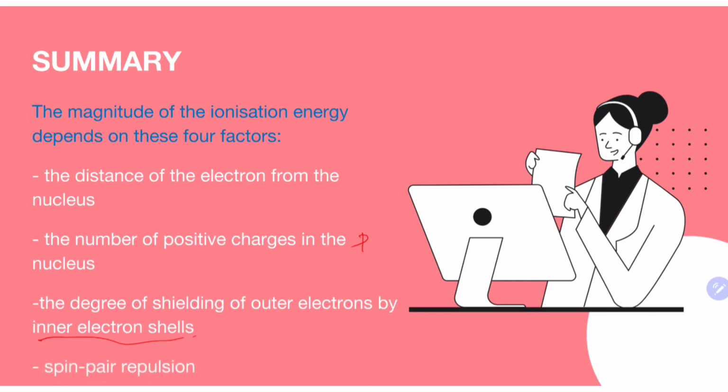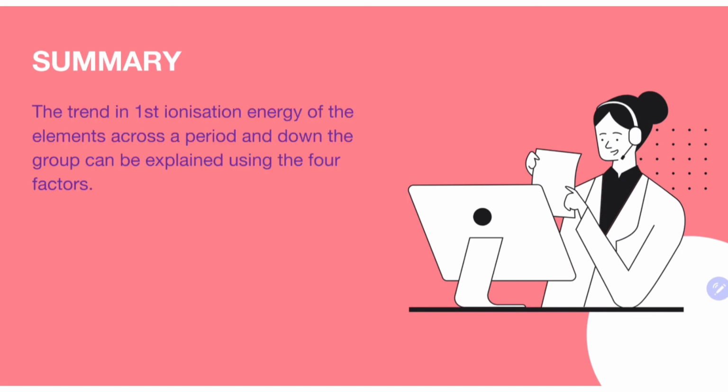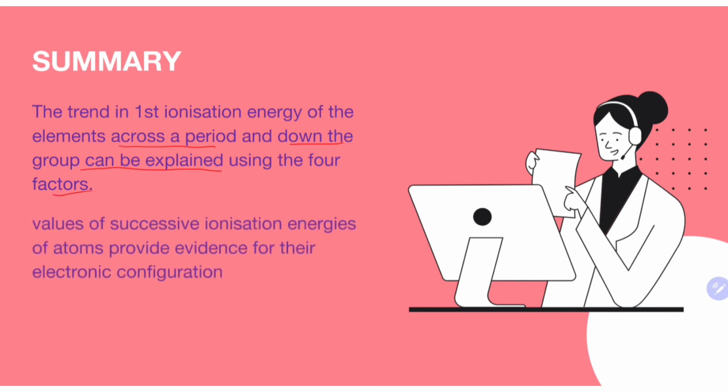And then the last is the spin-pair repulsion. The trend across a period and down the group can be explained by the four factors. Values of successive ionization energies of atoms provide evidence for their electronic configurations.